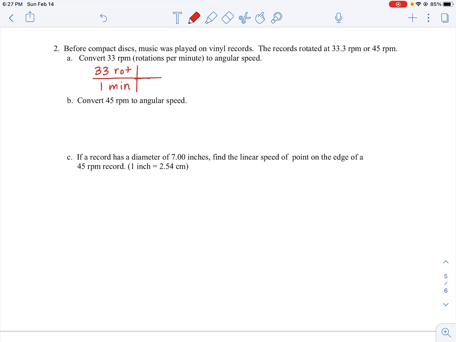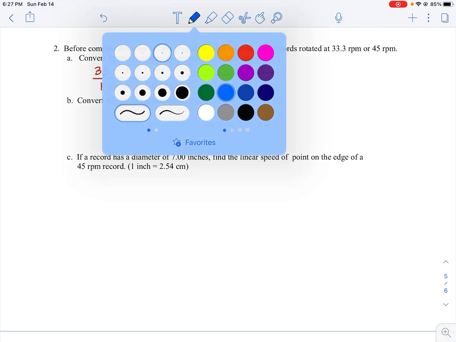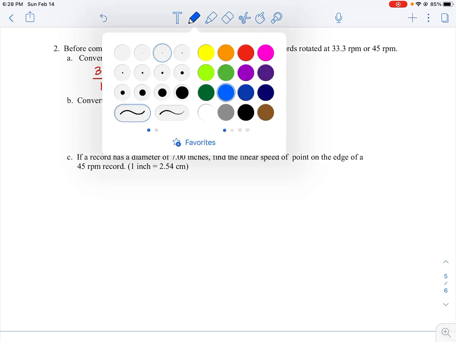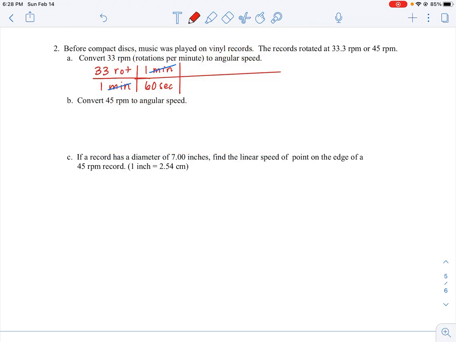I like to draw a chart like this. I guess there's a lot of different ways to do this, but what I'm trying to do is get things to cancel. So 1 minute has 60 seconds in it. I want the minutes to cancel, so I put minutes on top when I put my conversion factor in there.